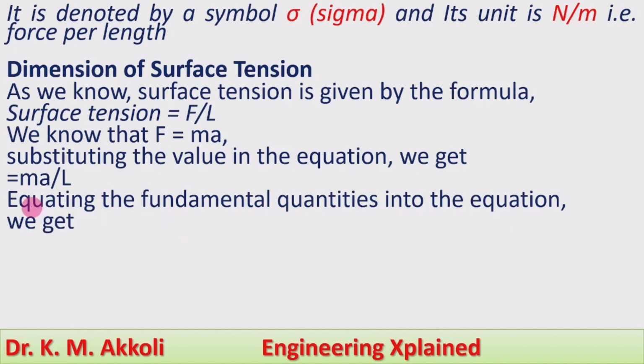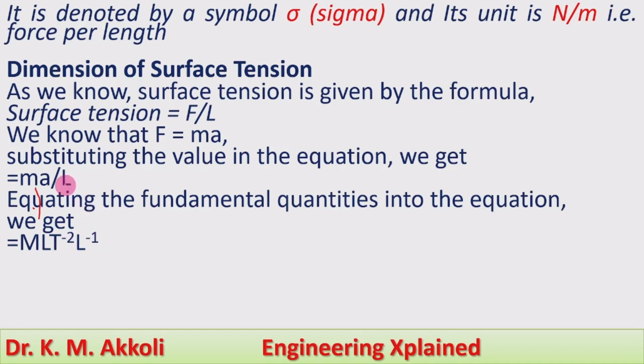Here the fundamental quantities are mass, m, and acceleration. Acceleration is meter per second squared, where meter is length L taken for the distance, and second squared is the time, that is L t raised to minus 2.